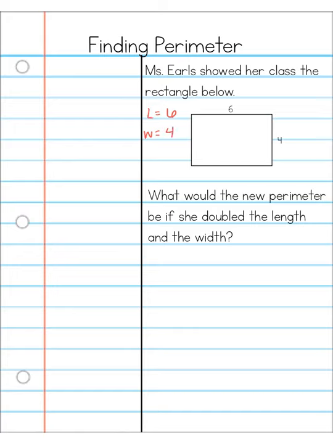And I want to take a good hard look at what the problem is asking me. What would the new perimeter be if she doubled the length and the width? So this tells me that I'm looking for a perimeter, which means I'm going to add all of the sides. But it asks me for the new perimeter, which means that I'm going to need a new figure.